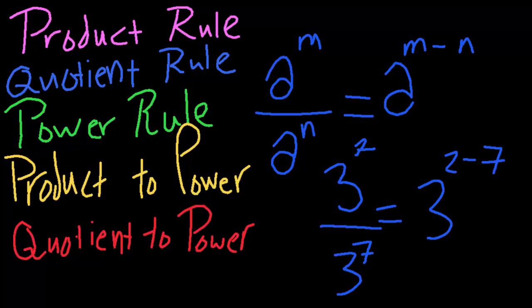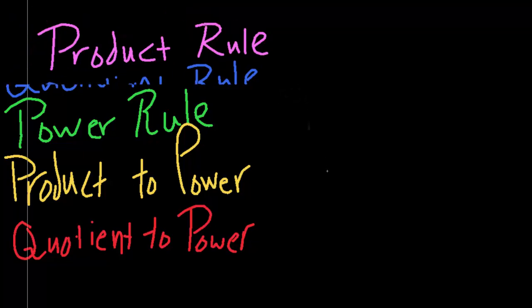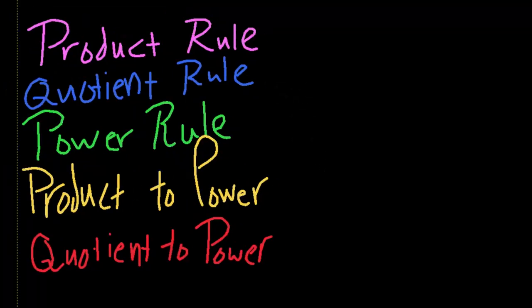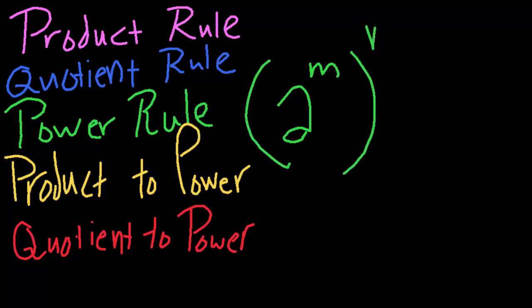Alright, let's move on to the power rule. Okay, so if we had a to the power of m, and we put that to another power of n, what we're going to get is a to the power of m times n.